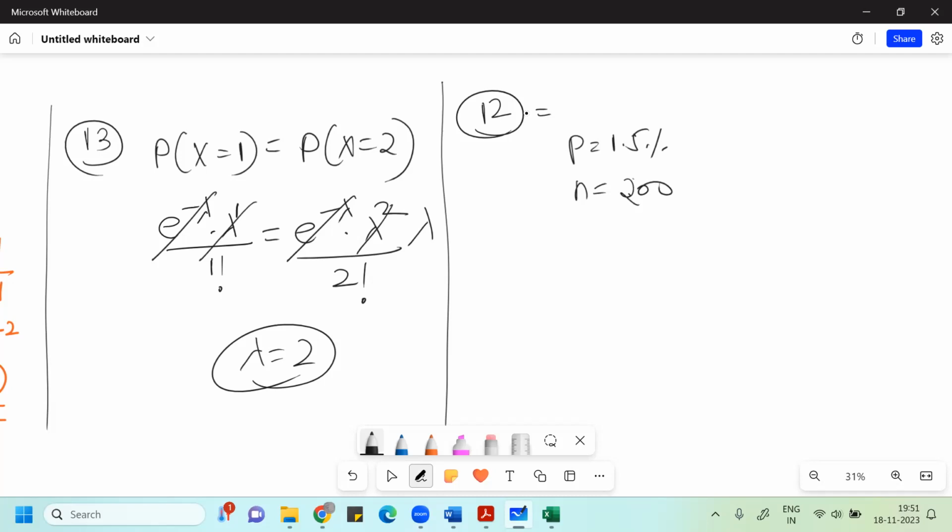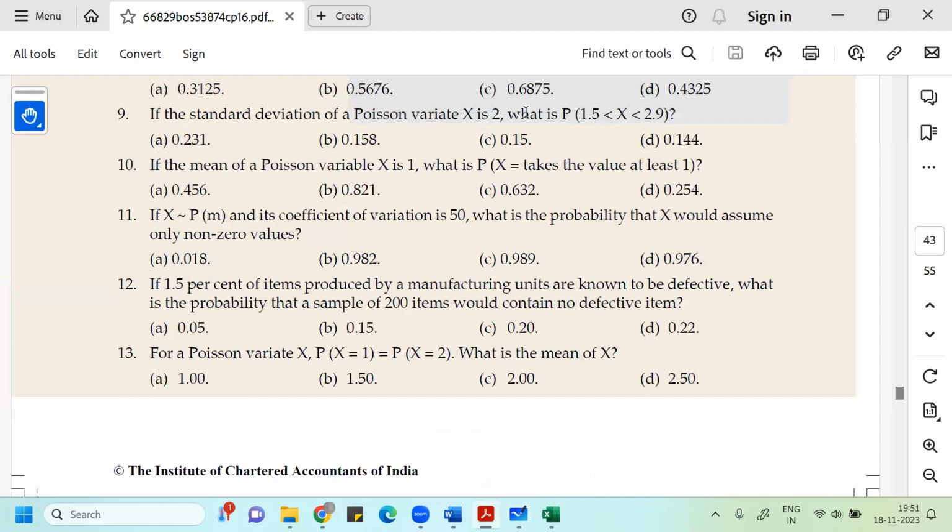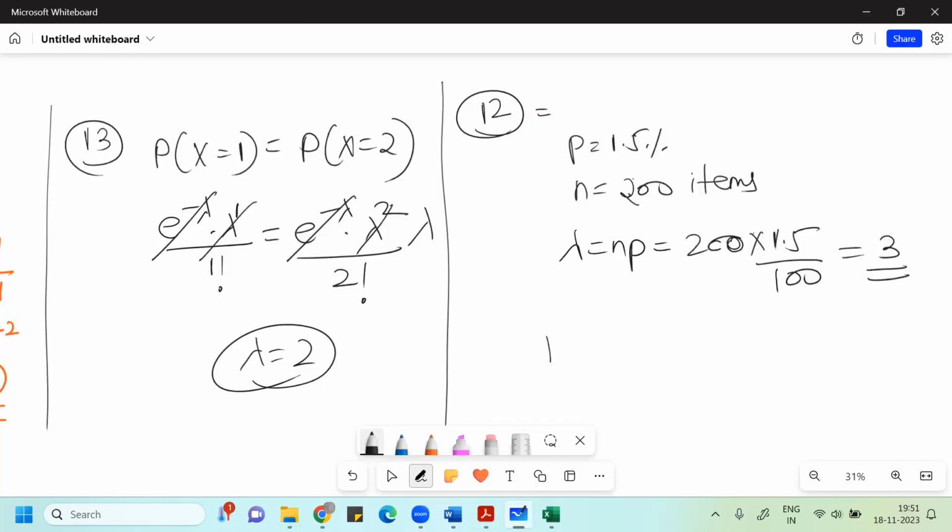If the total units are 200 items, then your mean will be equal to N into P, 200 into 1.5%. So the mean will be equal to 3. Okay, so what is the probability that it contains no defective unit?